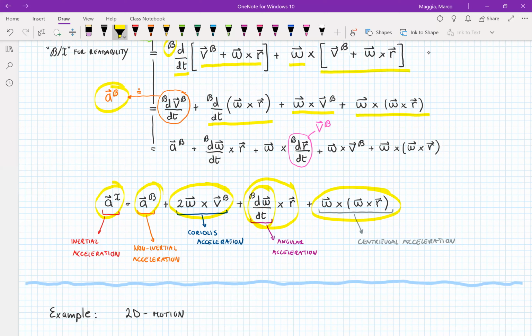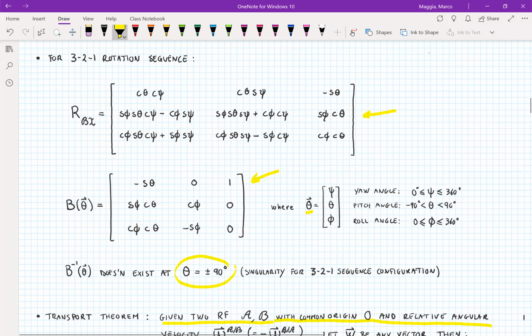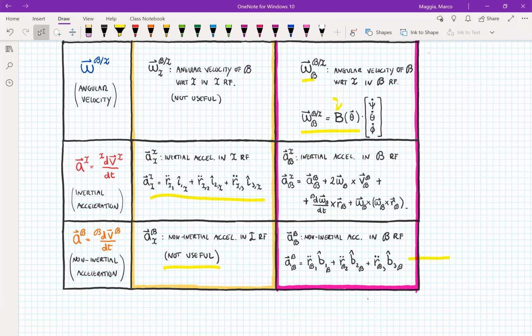Notice that once again, for these vectors, I'm not expressing the coordinates, but in practice, we usually refer to all these vectors expressed in the body reference frame coordinates, as pointed out in our useful table over here.